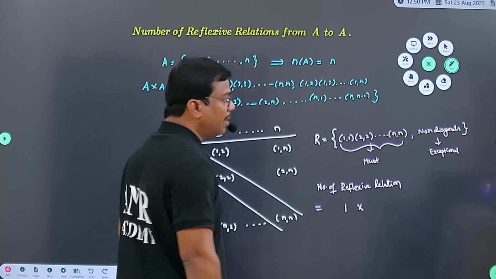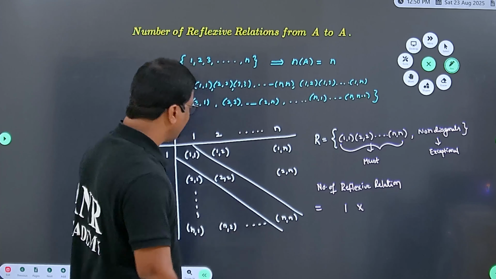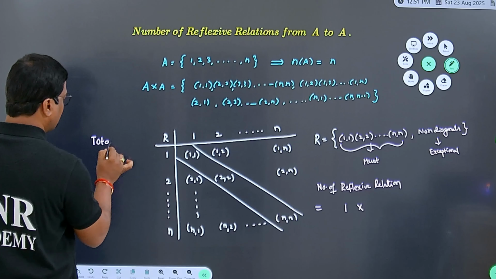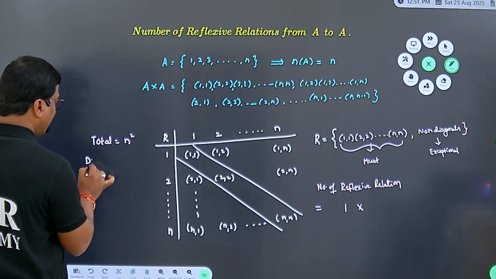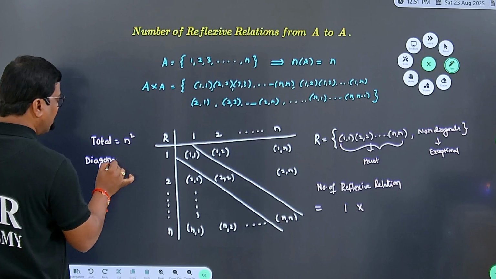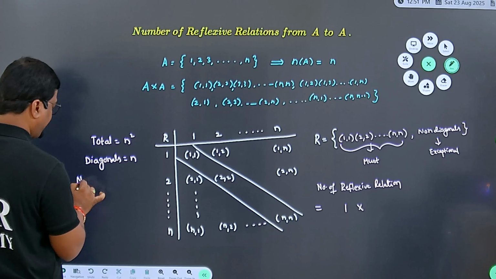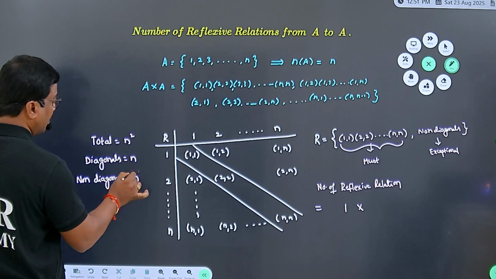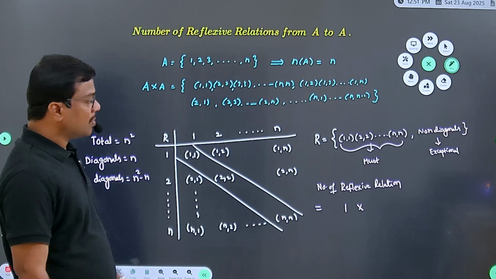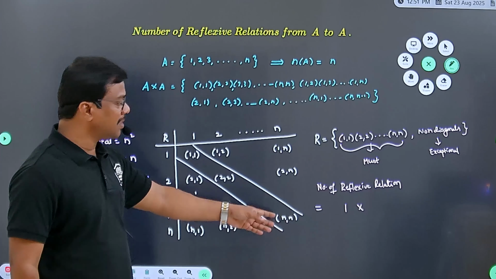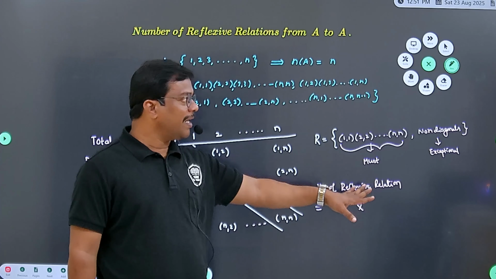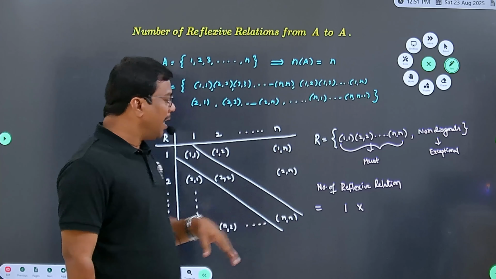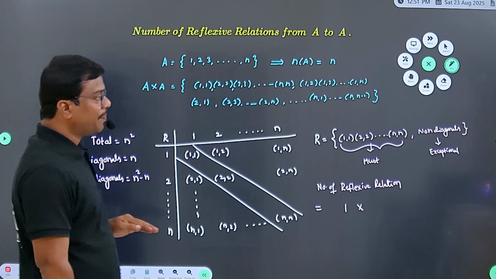Next, non-diagonal entries. In total there are n square elements, and here diagonals are n and non-diagonals are n square minus n. So next we are going to discuss the number of ways of writing non-diagonal entries. We have n square minus n non-diagonal entries.